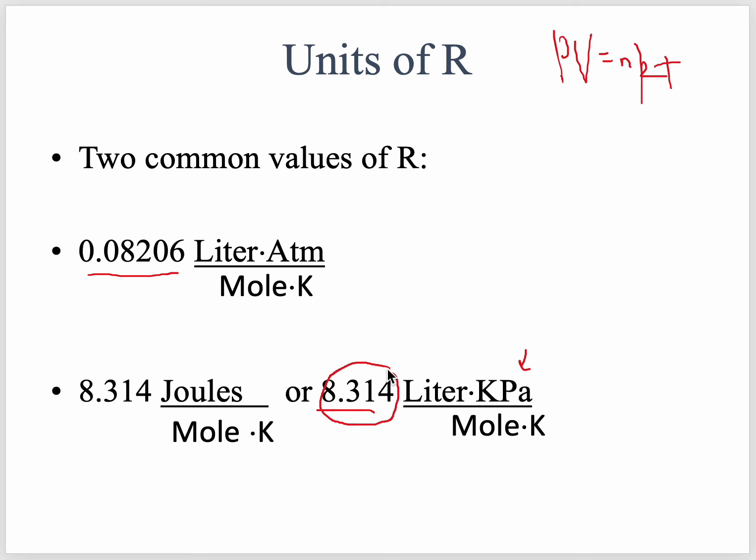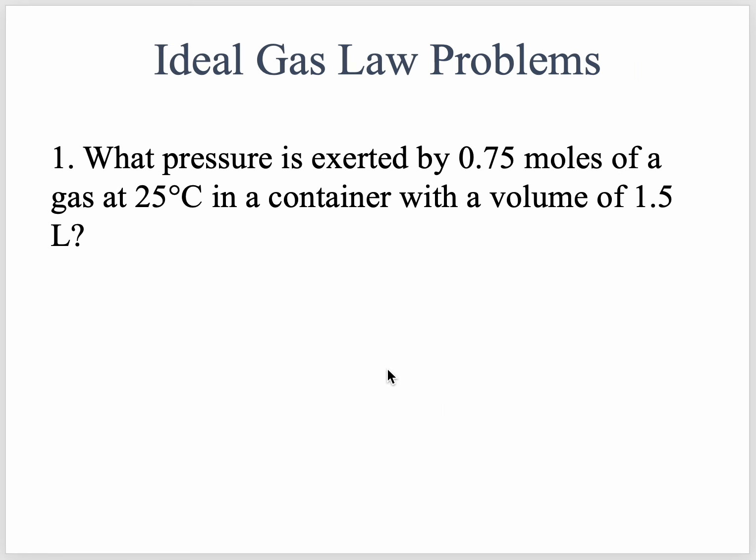Now let's move on to some examples. What pressure is exerted by 0.75 moles of a gas at 25 degrees in a container with a volume of 1.5 liters? We must use our formula PV = nRT.